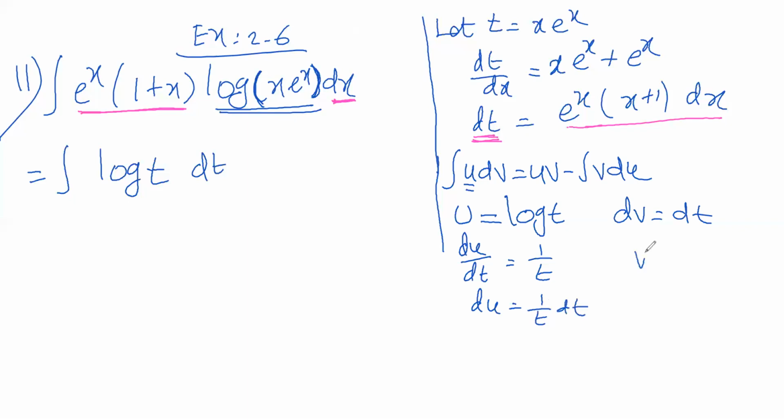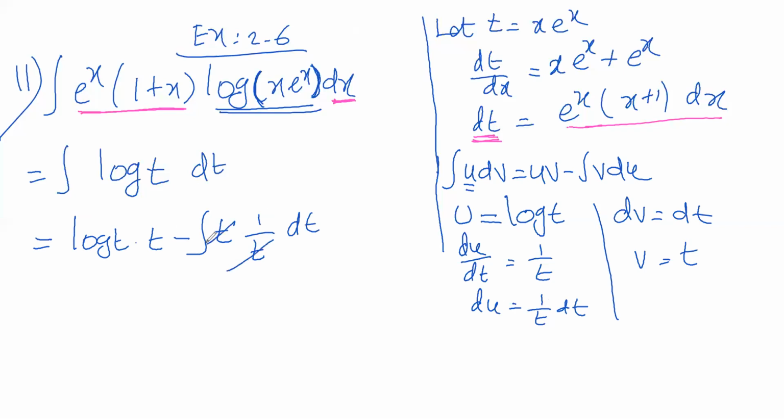Integrating, v is equal to t. So write the formula uv: u is log t, v is t, into t, minus integral v du.